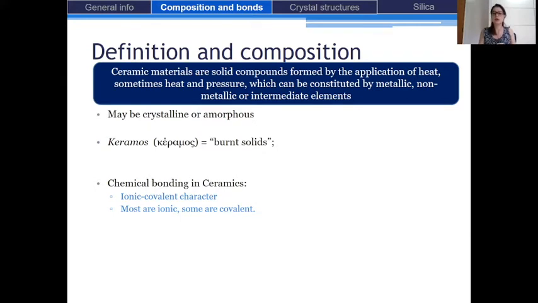They are either crystalline or amorphous, in the same way that we saw for other classes of materials. And the chemical bonding in ceramics is either of pure ionic character or ionic-covalent character, like an intermediate character, and some of them are covalent.